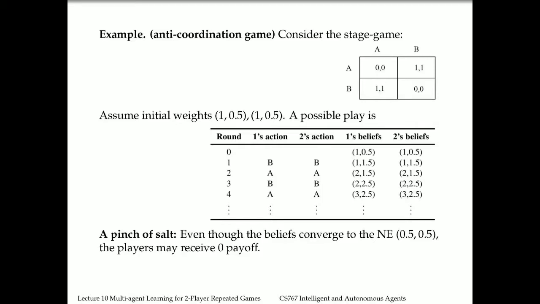This seems like a very good thing, because like what we said in the last theorem, the beliefs will eventually converge to the mixed strategy Nash equilibrium. But there's something odd here. If you examine it closely, if you look at the actions adopted by the players, they were playing BB, AA, BB, AA forever. They alternate between BB, AA, BB, AA. So according to the matrix, the players will not get anything. They will just get 0.